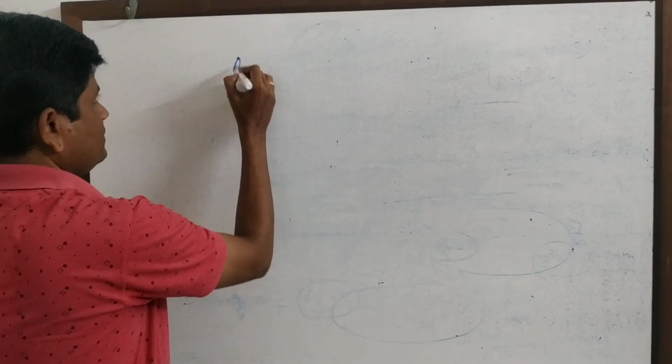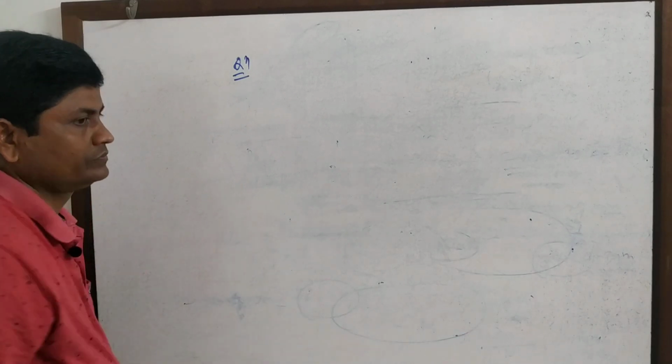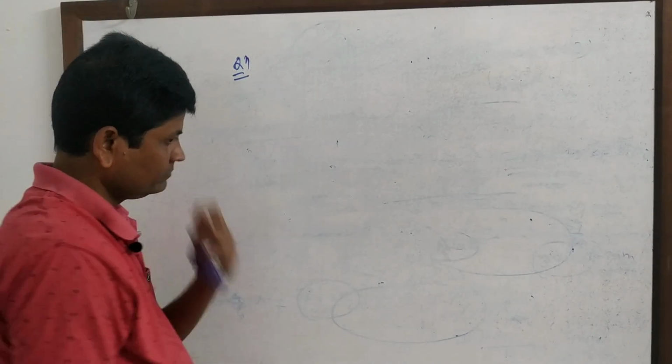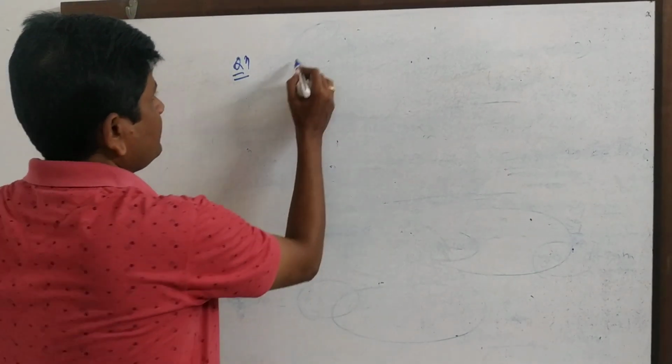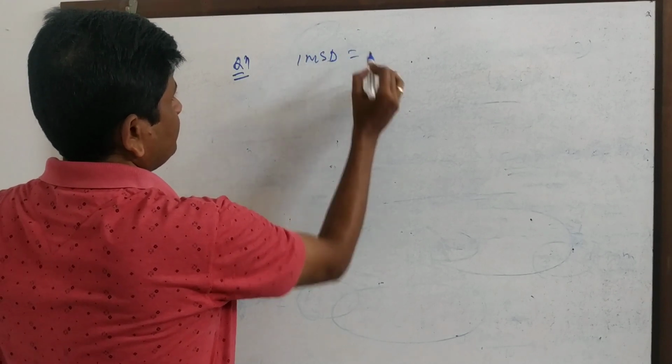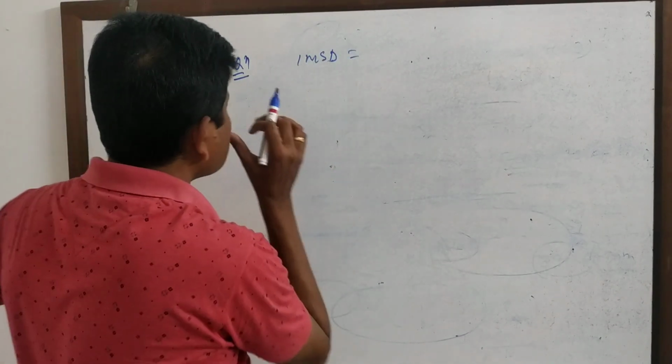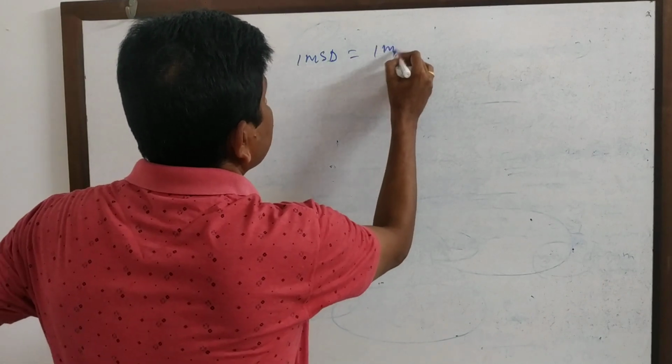Now one question is, the main scale division, one main scale division is 1 mm.